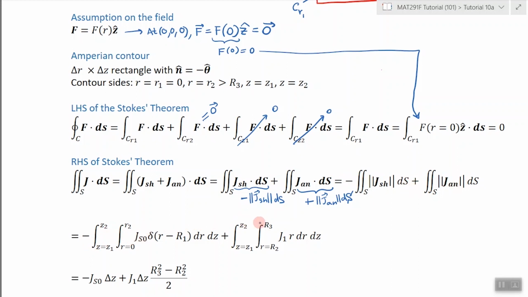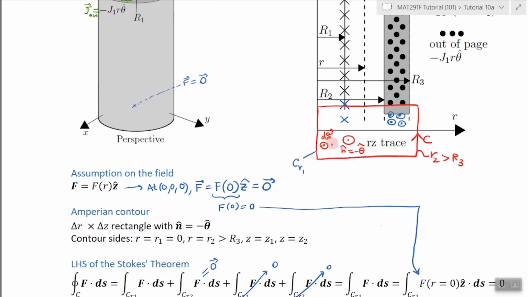Then on the next line, I wrote the actual integration. In both cases, we have an integral over dr dz. These are the expressions for the current density magnitudes. And then the bounds for z are the same. The bounds for r here are the bounds that you would expect, from 0 to R2, so the entire area of this contour, of this surface.